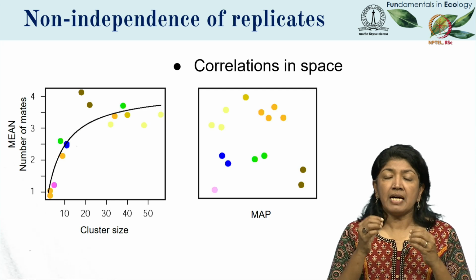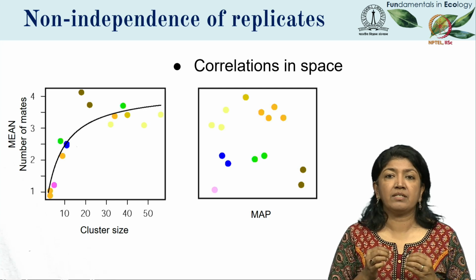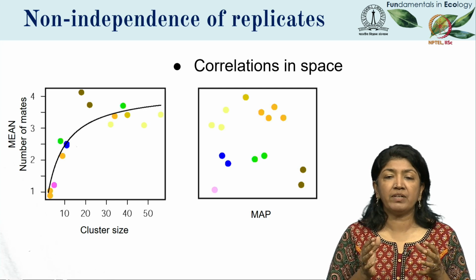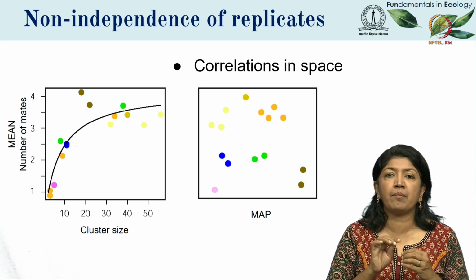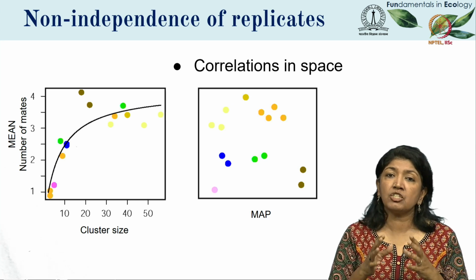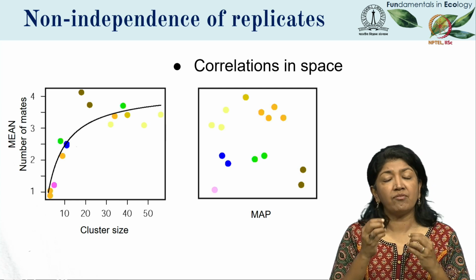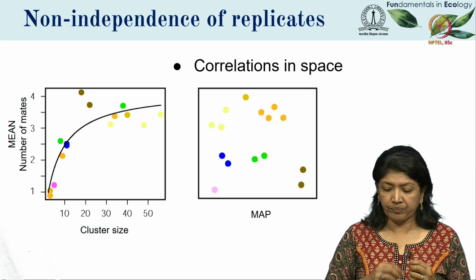So, such correlations in space due to shared environment features or due to clusters affecting each other, in this case data points affecting each other, such correlations in space are very common in ecology.